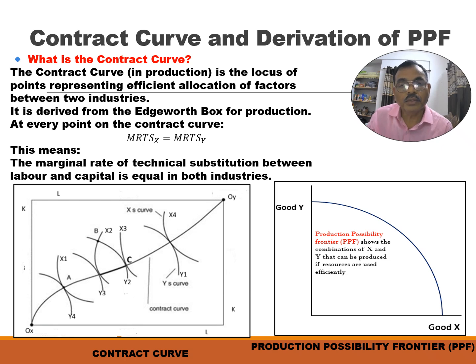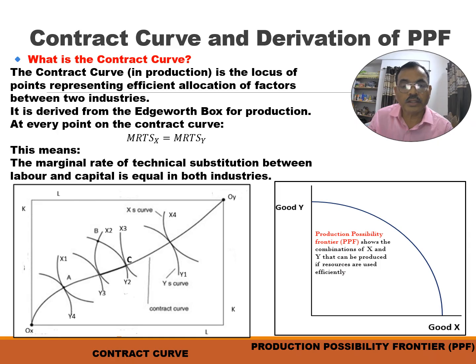Before drawing the production possibility frontier, we must understand where it comes from. The production possibility frontier is derived from the contract curve in the Edgeworth box diagram. In the production Edgeworth box, we allocate two factors, labor and capital.